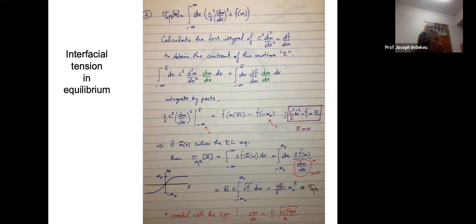But if energy is 0, then you're summing kinetic, which is 0, plus potential, which is 0. So this has no energies, which means that c squared n squared over 2 will equal the functional f. Correct? Then this functional f describes behavior at the interface.